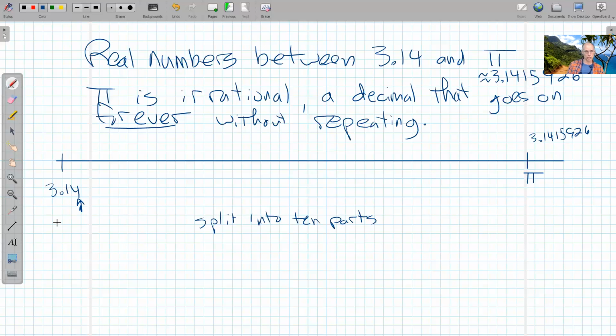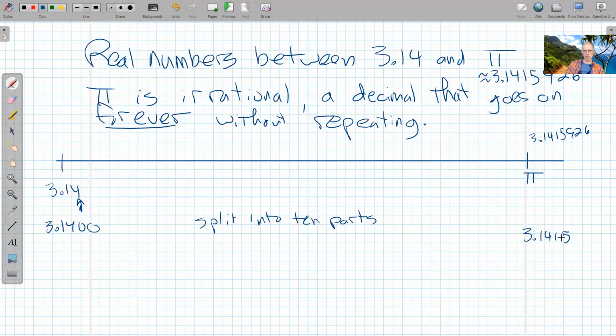Let's see how that works. So then I could call this 3.140. It's exactly the same number as 3.14. And then numbers I could go in between here. So let's see, this is 3.1415 roughly. If I go, let's see, it's not going to work. 3.14, let's go to 15, is somewhere just inside of pi here. 3.1400.